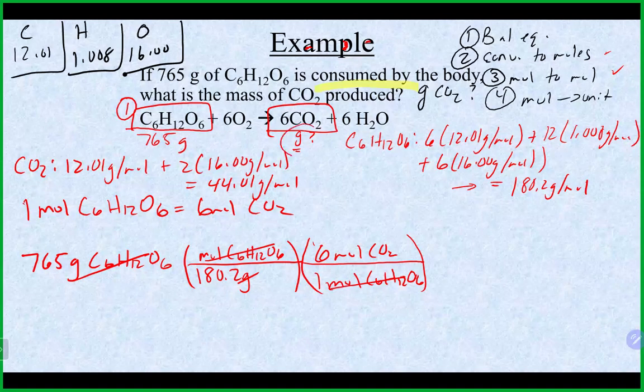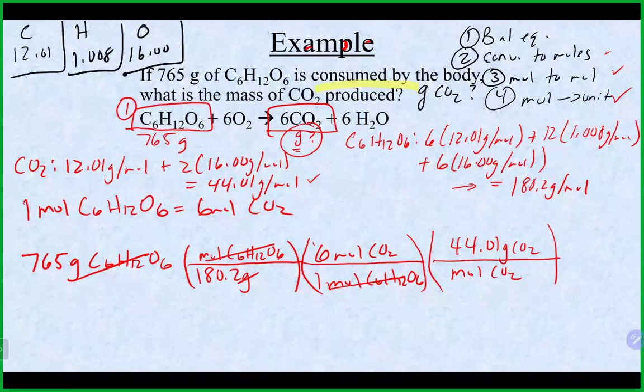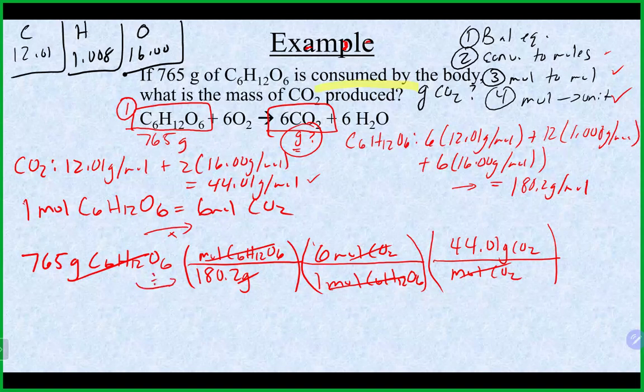But we do want grams, so we do need to do the fourth unit conversion here, and we'll use our molar mass to do so. And once again, setting it up like this, we could clearly see the moles of CO2 are up on top. So again, opposite to cancel, moles of CO2 on the bottom, and 44.01 grams up on top. The moles will cancel. Once again, multiplying what's on top, dividing by what's on the bottom.